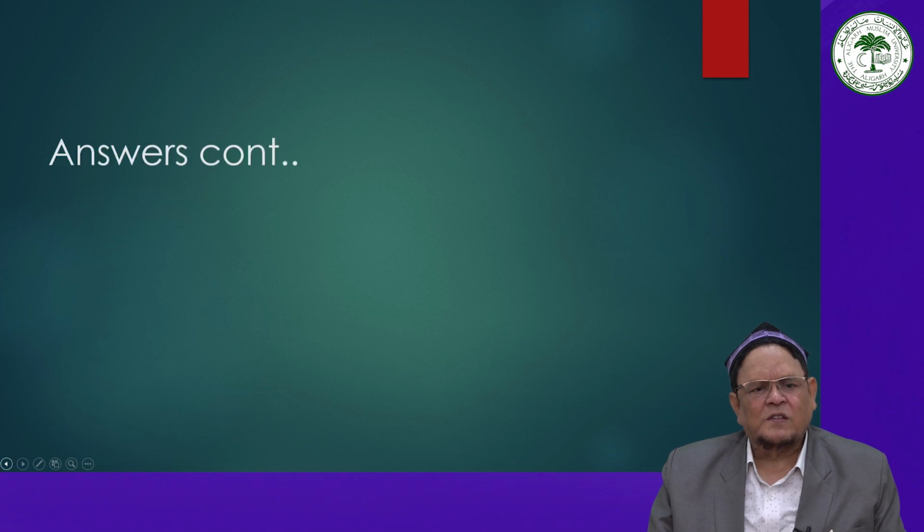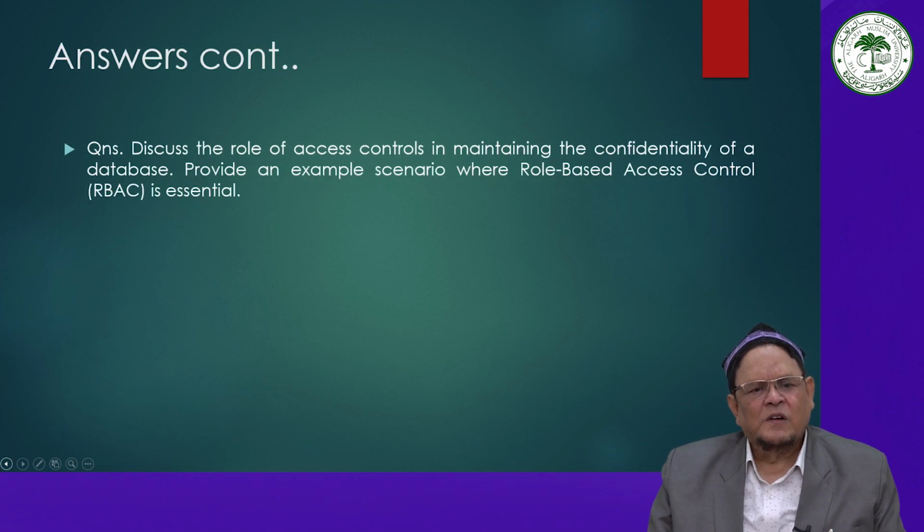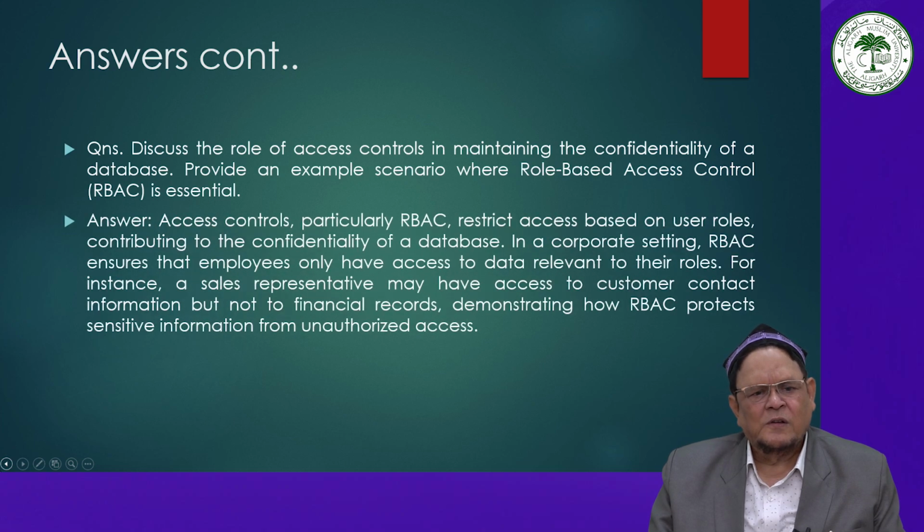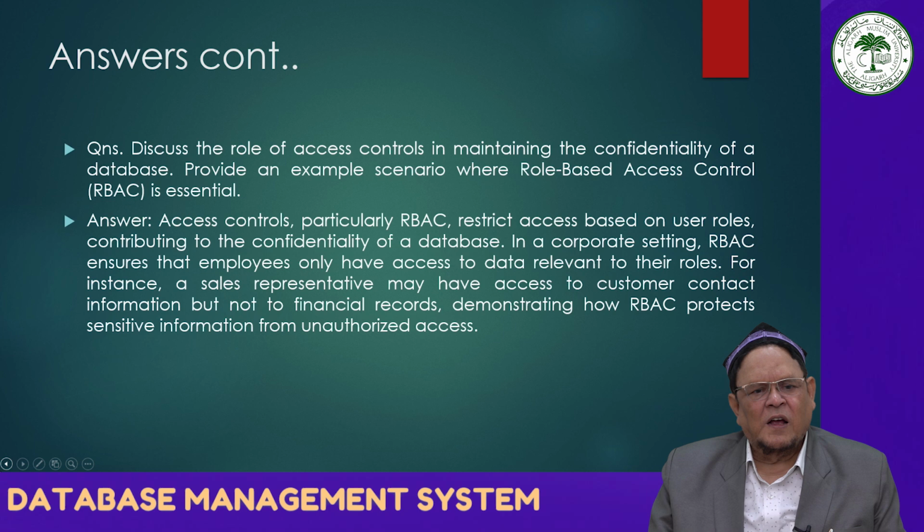The next question was, discuss the role of access control in maintaining the confidentiality of a database. Provide an example scenario where role-based access control is essential. The answer is, access control, particularly role-based access control, restricts access based on the user's role, contributing to the confidentiality of a database.